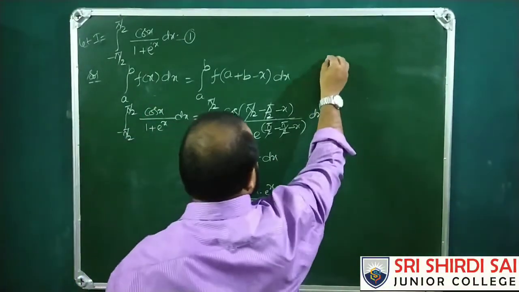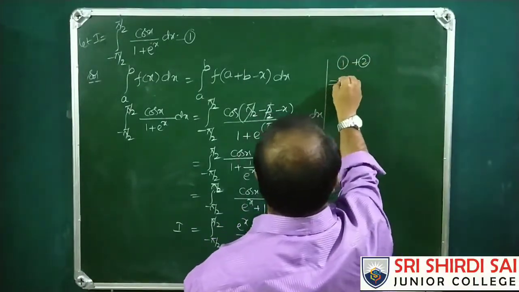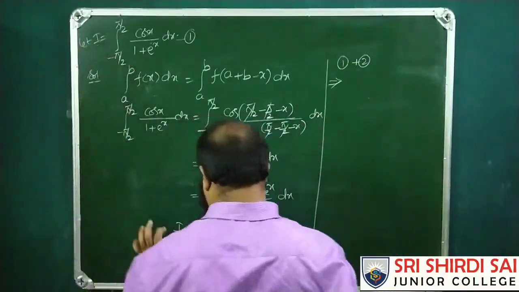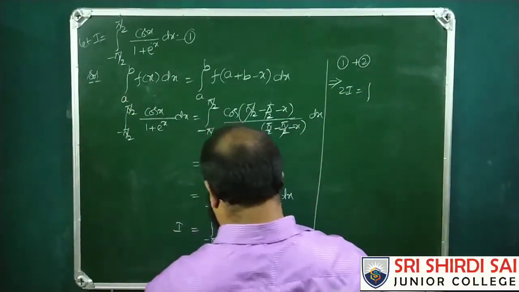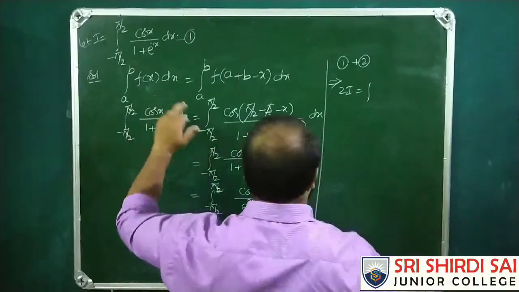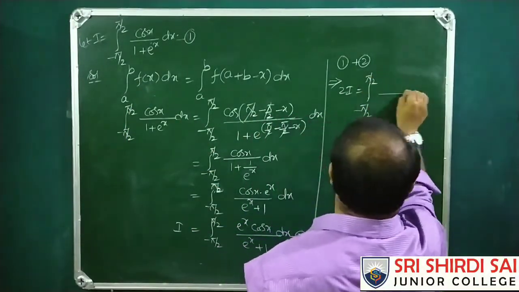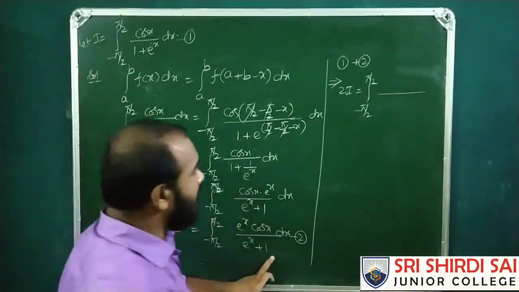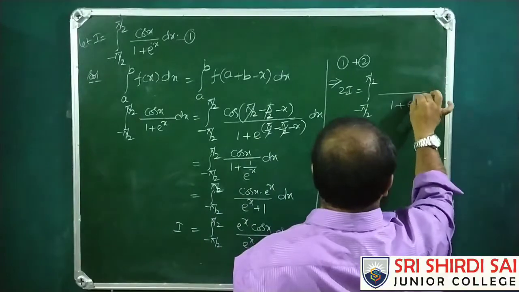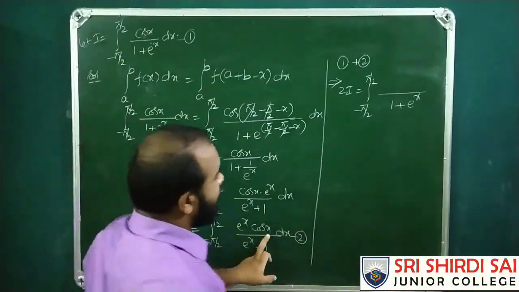So now 1 plus 2 gives rise to I plus I. 2I is equal to, for both of them, minus pi by 2 to pi by 2 are the limits. For both of them the LCM is the same, 1 plus e power x. So cos x plus e power x cos x.